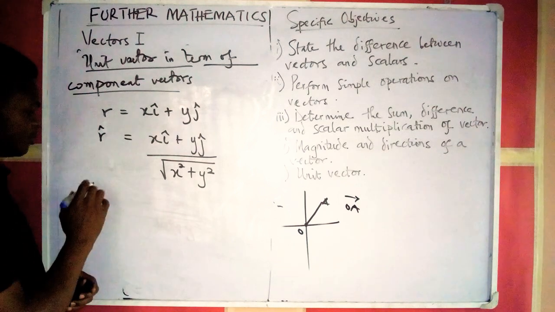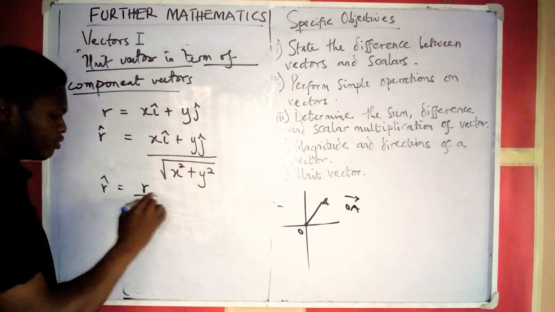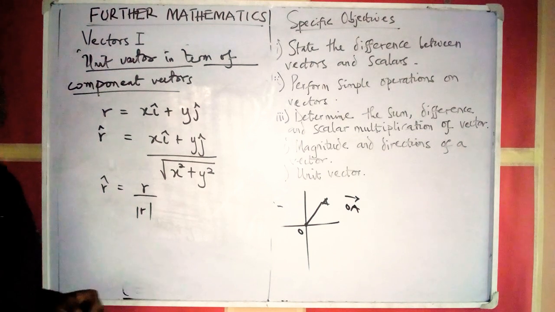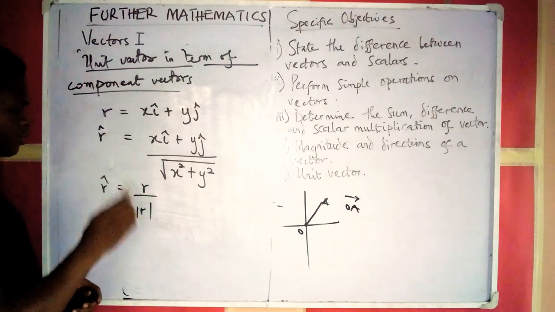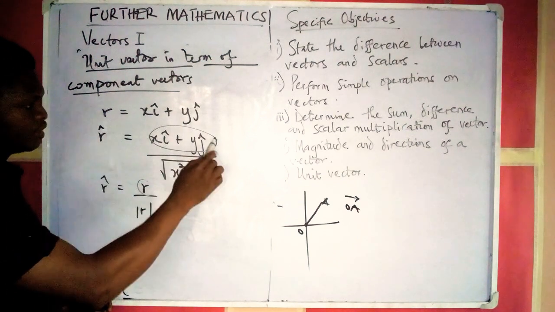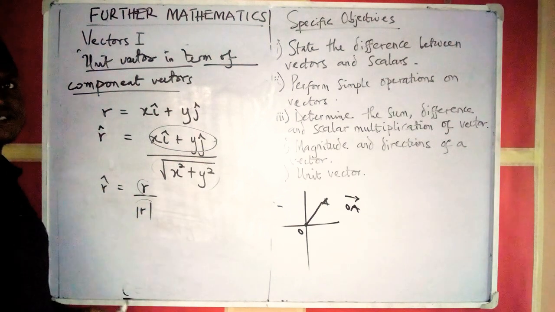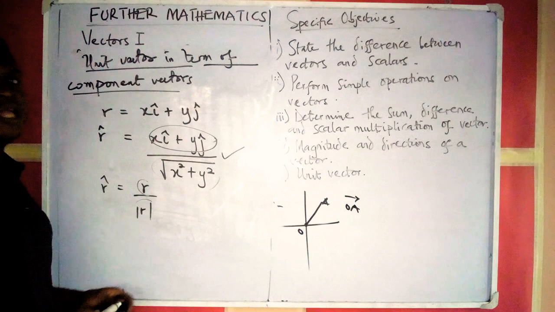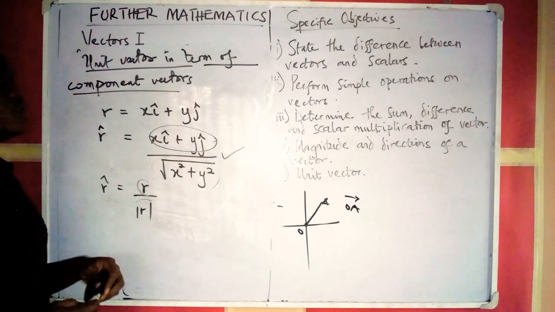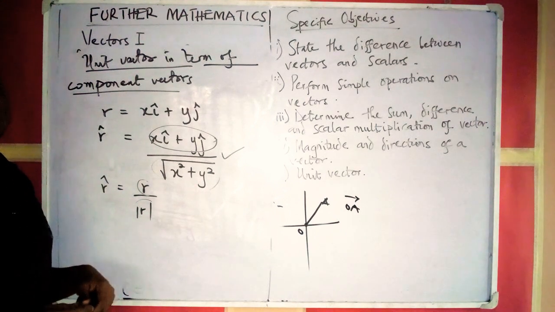If we recall what we said, r cap is equal to r over modulus of r. So this is r and this is modulus of r. This is how we can represent a unit vector in terms of its component vectors.